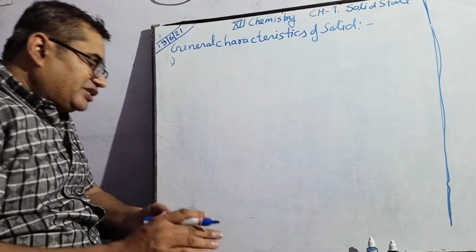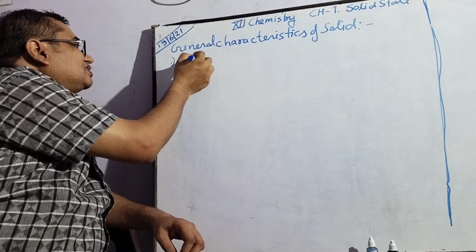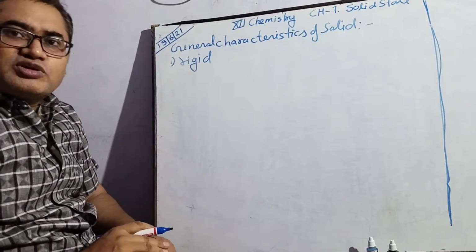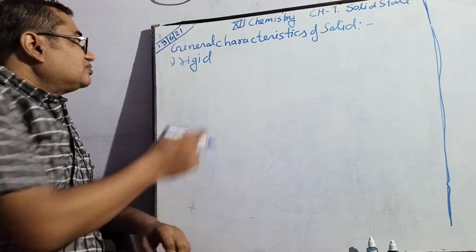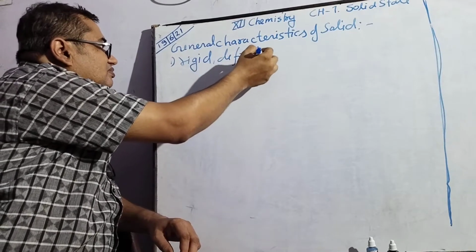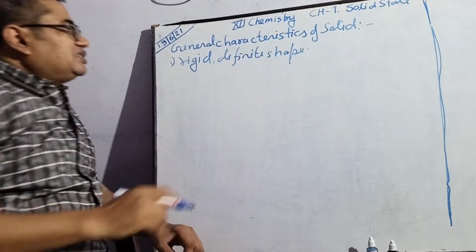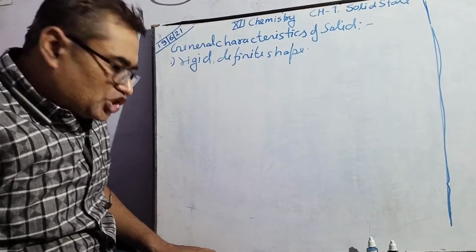So the very first point is that all solids are rigid, and all solids have a definite shape. Why are solids rigid and of definite shape?